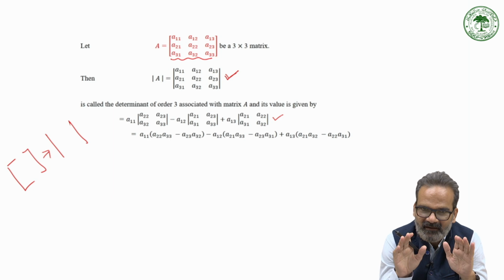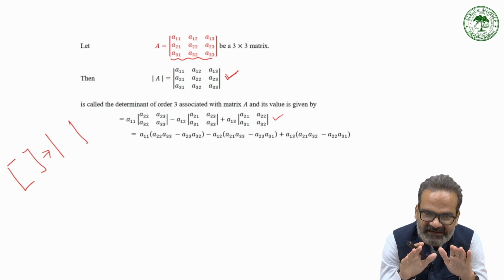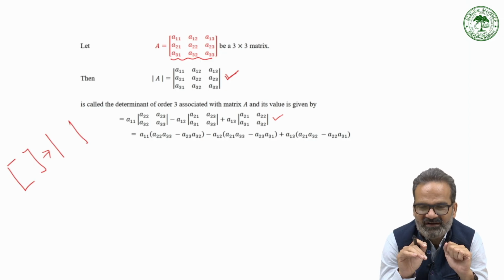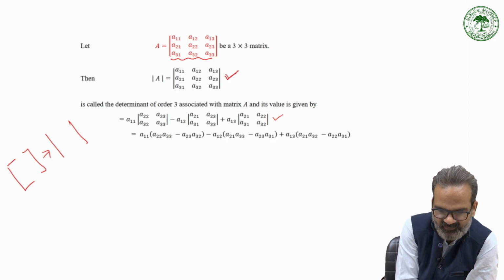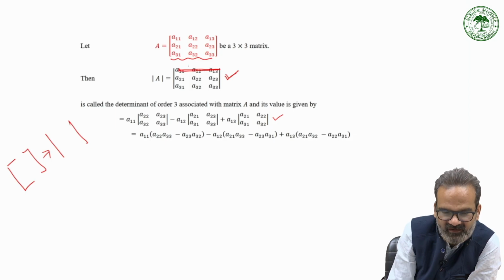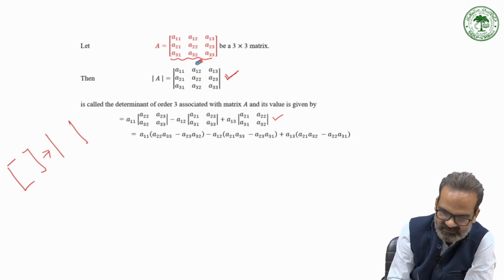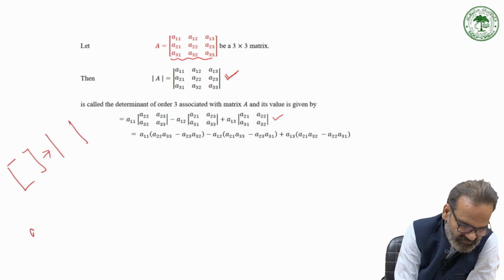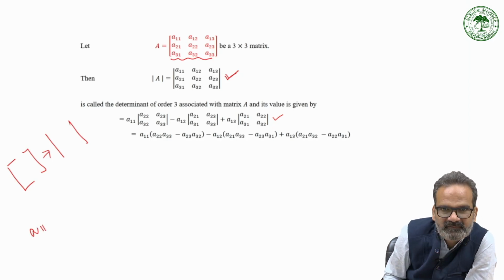For example, here we are expanding this determinant along its first row, and see how it will happen. This is the first row. A11, A12, A13 are the three elements. Take the first element A11.